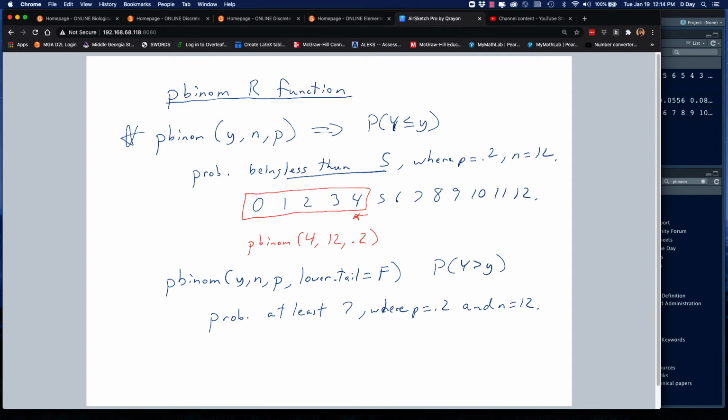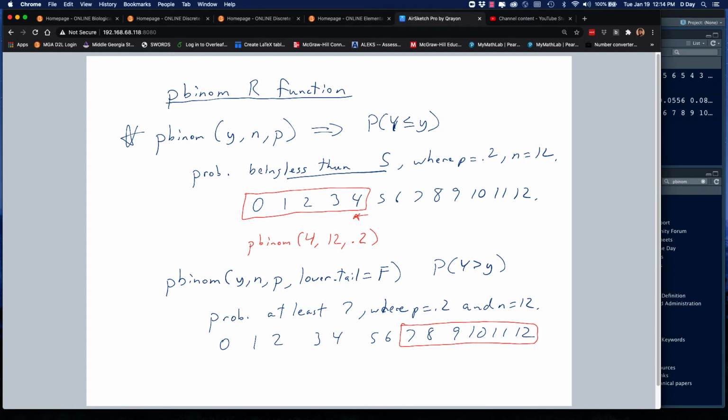In this case, I'm still thinking of the numbers 0, 1, 2, 3, 4, 5, 6, 7, 8, 9, 10, 11, and 12, all those discrete possible values. But if I want to know at least 7, that means 7 or more. So I really want to add these numbers together. What lower.tail equals false will allow me to do is do that.